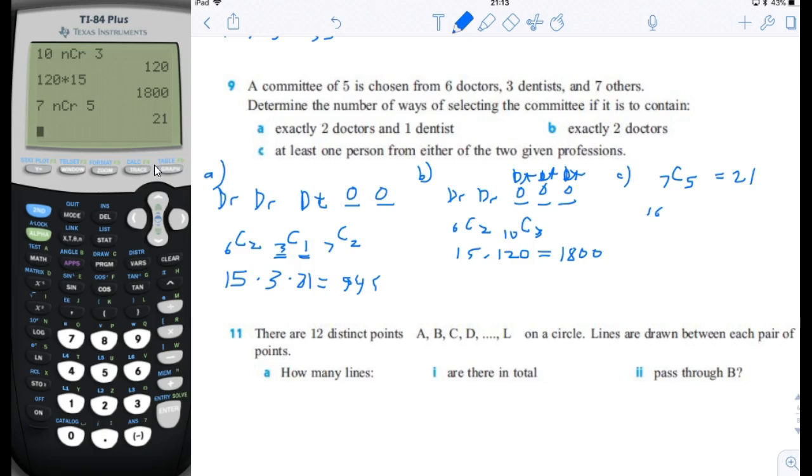So how many ways are there of choosing 5 people from 16 total people? We'll figure out what that is. 16 chooses 5. And that would be a huge number. 4,368. So basically what we want is 4,368 minus 21, which is equal to 4,347.